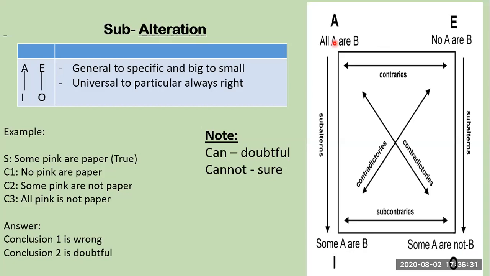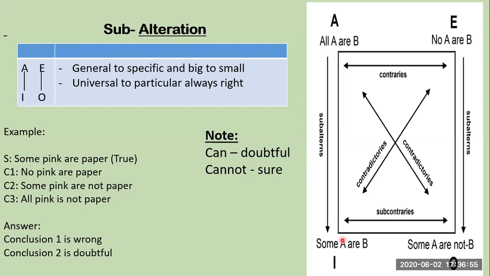Universal affirmative, universal negative, particular affirmative and particular negative. Just remember, these two are universal. All means positive, no means negative. So universal affirmative, universal negative, and these two are particular affirmative, particular negative.